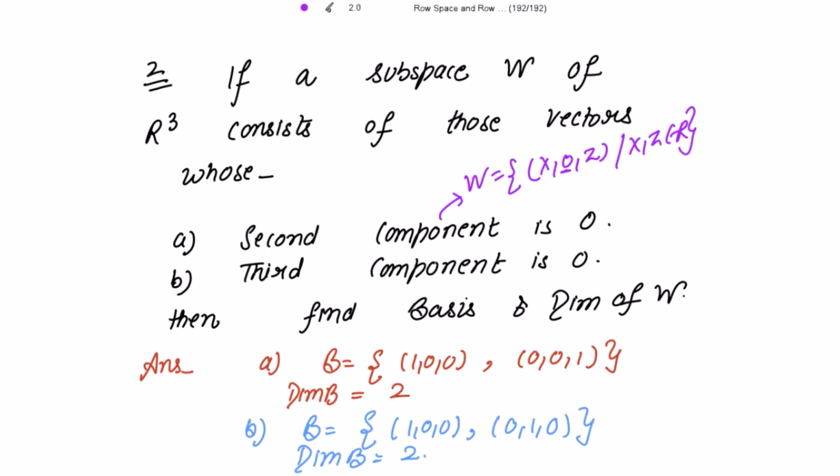And for the B part, the third component is 0, so W is (x, y, 0), such that x, y belong to R. Just proceed as in the previous example. And here the answers are already provided with these exercises. Please match your answers and check the basis, right?